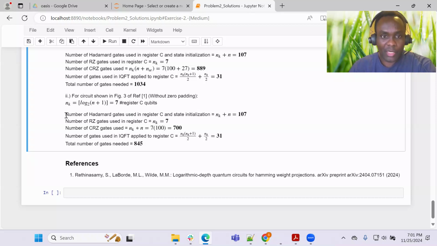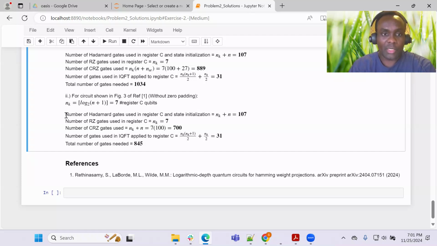Now, the number of Hadamard gates used in register C and state initialization. Like I mentioned, to initialize equal superposition states, you need Hadamard gates applied to 0 state qubits. So the total number of qubits needed is nk plus n, which is 107. And then the number of RZ gates used in register C, as before, is nk, which is 7.